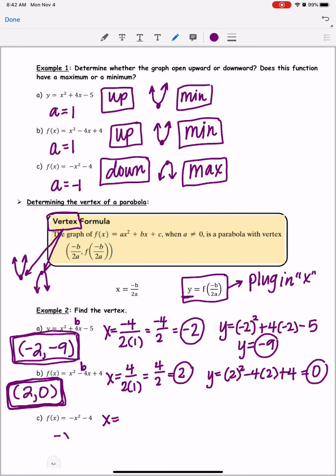This would be the same as negative x squared plus 0x minus 4. Your b here is 0. Okay, so I've got negative b. Well, I can't really have a negative 0, so I'm just going to put 0, over 2 times your a, which is negative 1. Don't really need to simplify because 0 divided by anything is 0, but we technically get 0 over negative 2, so we get 0.